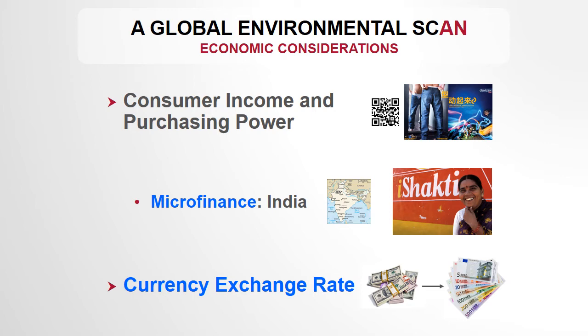So when the euro was $1.30, it made it very easy for U.S. companies to market into Europe because the euro bought a lot of U.S. goods because of the exchange rate. Now that the exchange rate is more even, it's much more difficult for U.S. firms to compete in Europe with the same U.S. price because the Europeans can't buy as many products with the same number of euros.